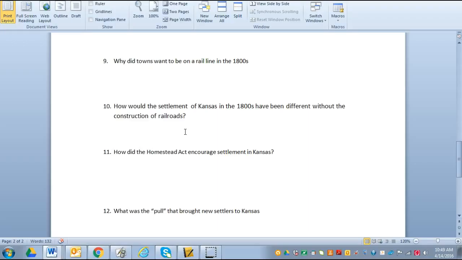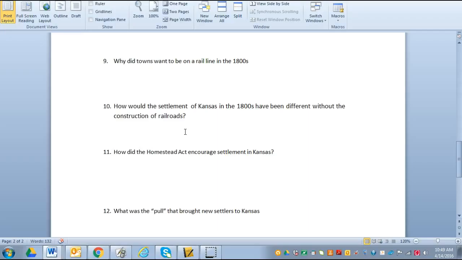And if you showed that you improved that land in 5 years, the land was yours forever. Now, if you wanted to purchase that land outright, you could pay $1.25 an acre, which came out to around $200, which was a lot of money back then.